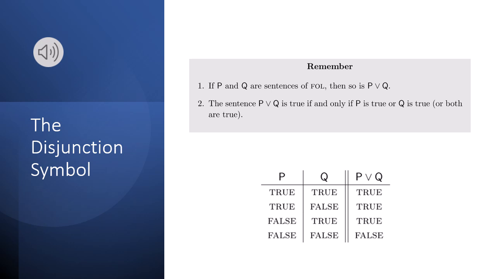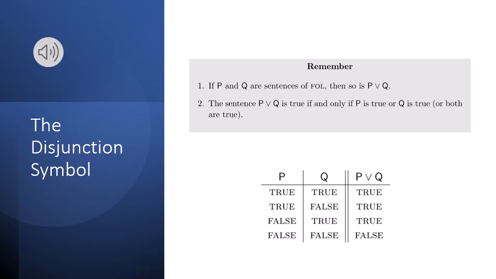Here, the semantics are given in the following way. So again, that's the meaning of these sentences, whether or not these sentences are true or false. The sentence P or Q, in this case, P disjunct Q, is true, provided that P is true or Q is true. And then in parentheses here, just be a bit careful. It could also be the case that both of them are true.